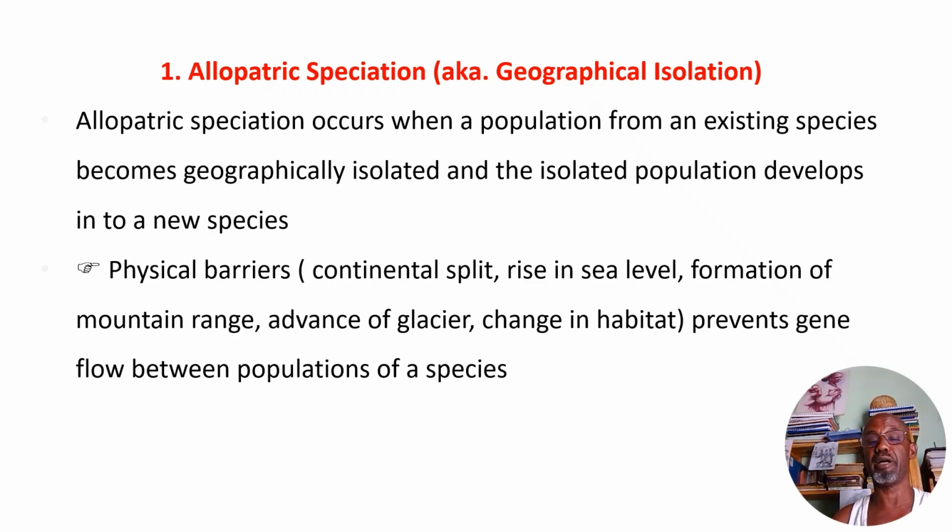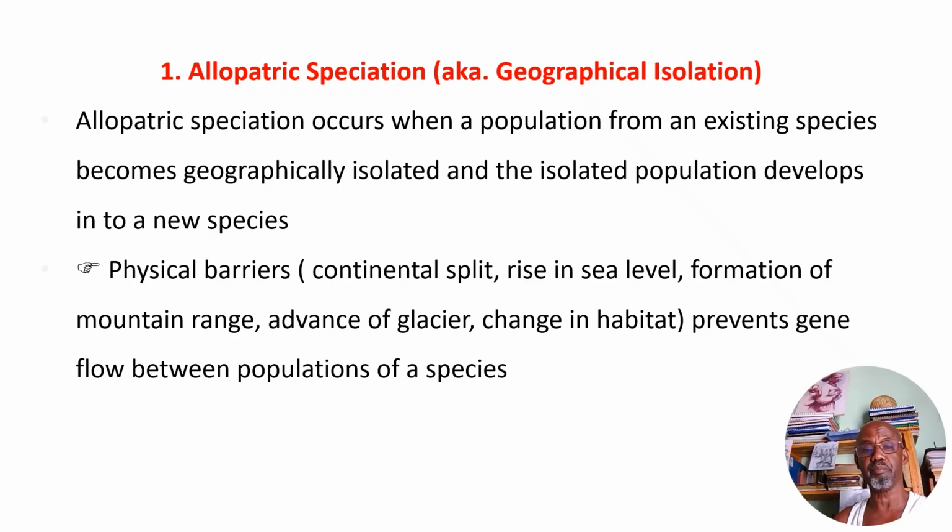These geographical barriers prevent gene flow between populations of a species. Gene flow is prevented. If you consider the human population, for example, the population in North America and the population in Africa, there is a geographical barrier. There are oceans between the land masses.